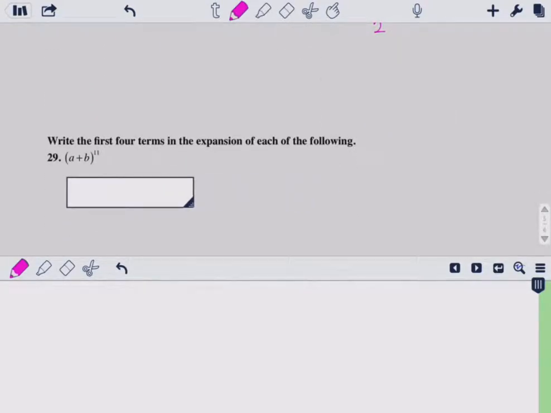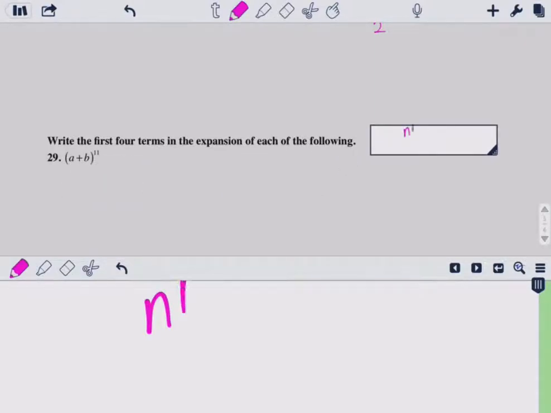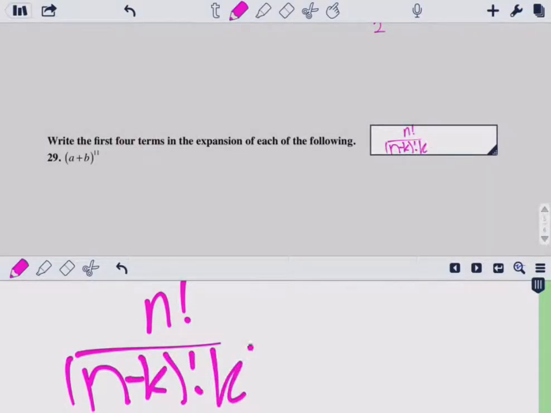Write the first 4 terms in the expansion of each of the following. Okay, so we're going to use, remember this thing, a to the n minus k, b to the k.